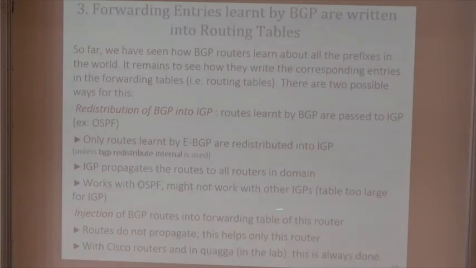Another way to do the same thing, which is the more intellectually satisfying, would be to say to the interior routing protocol, say to OSPF, all the things you have learned about the external routes. We have seen in the lab that in OSPF there can be things that are called external routes, which is practically the same as stub routes.